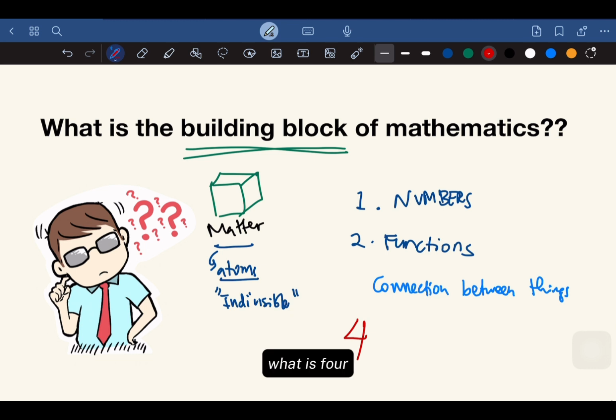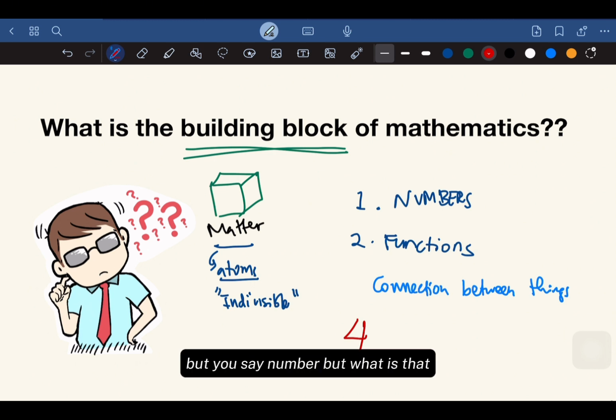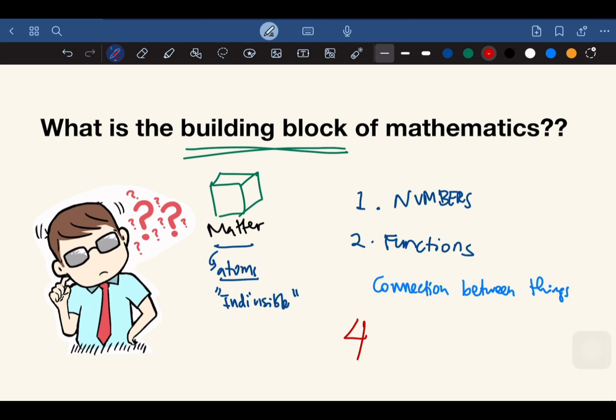What is 4? Yes, you can say natural number, but you say number, but what is that? I mean, if we go back to where we don't know what numbers are, how do we explain things to maybe toddlers?